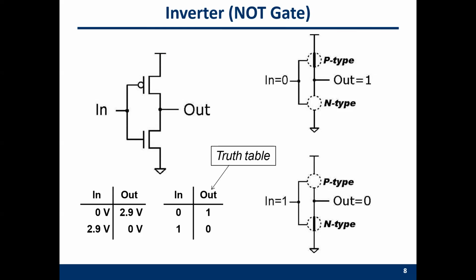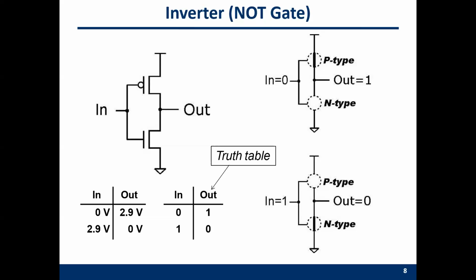This is the logic operation, the truth table of the inverter. The output is actually the inverted input. You can see that these two are opposite. So this is what will happen if we apply different values on the inverter.